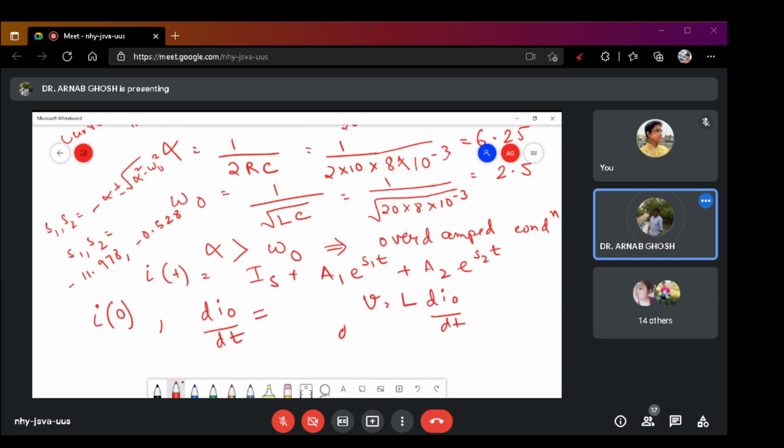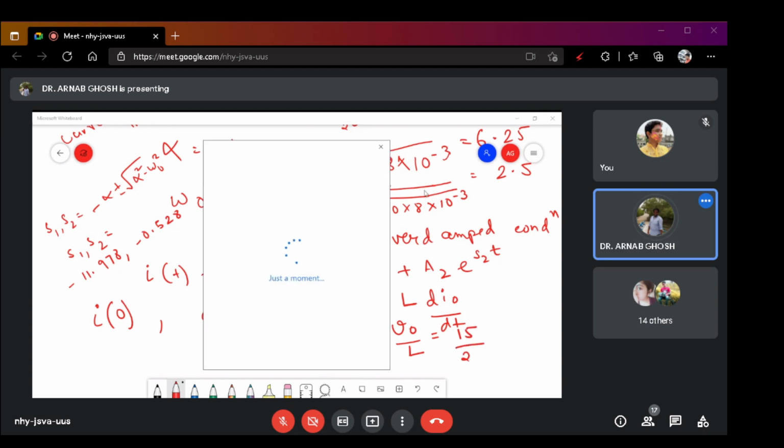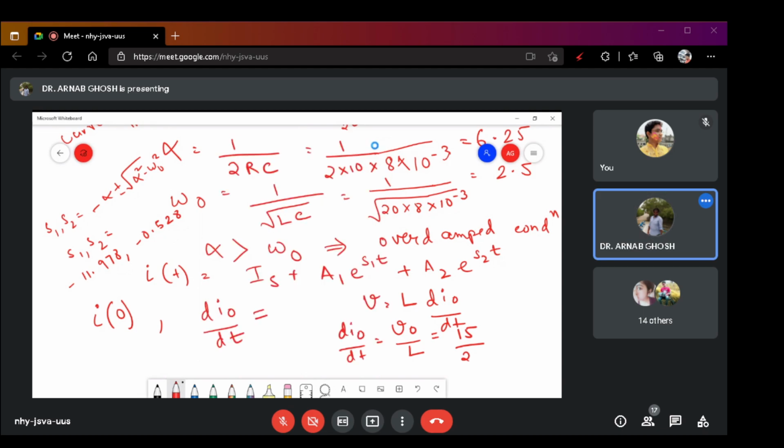So di0 by dt will be given as V0 by L. What is V0? 15. What is L? 20. So this you are getting as 0.75. And what is I0? I0 is equal to 4, right?